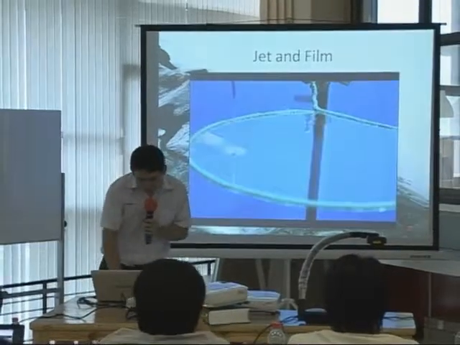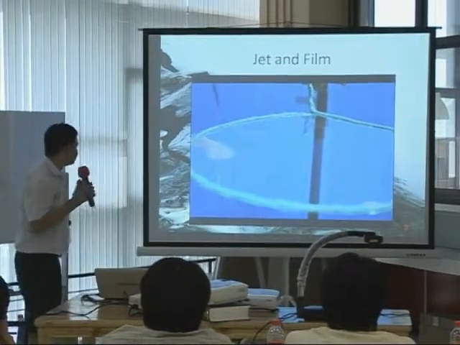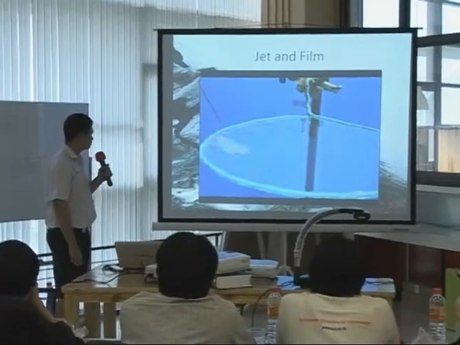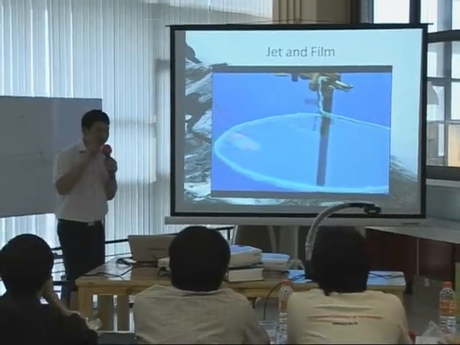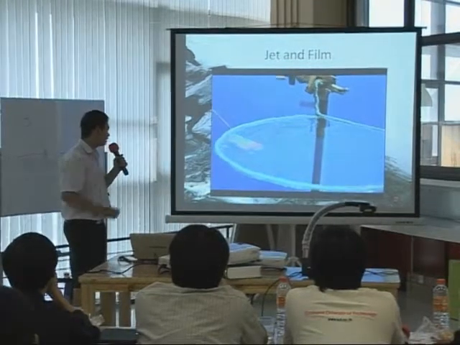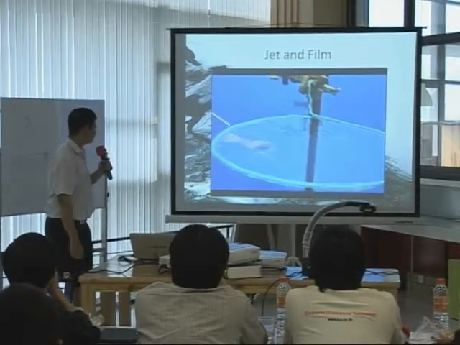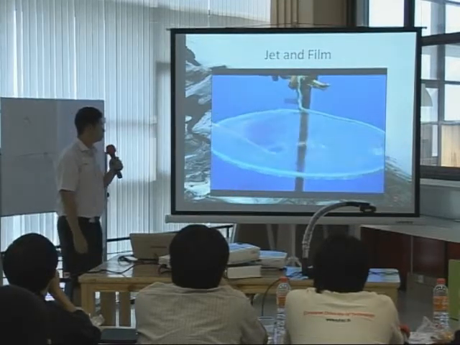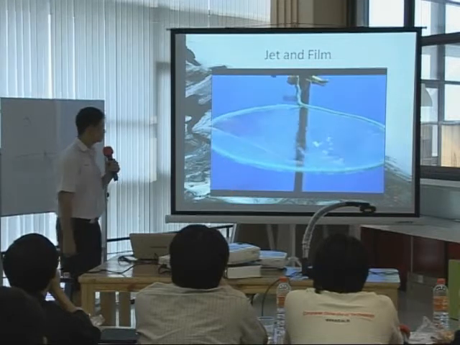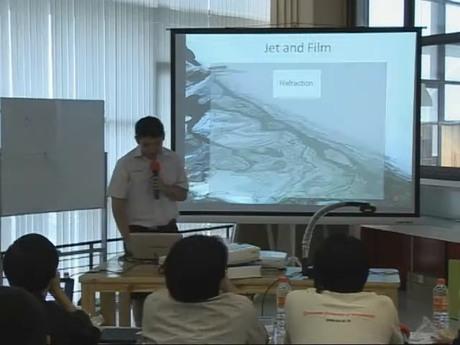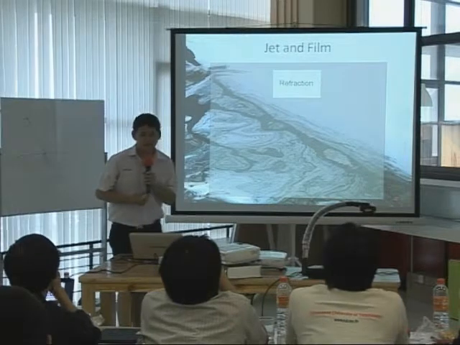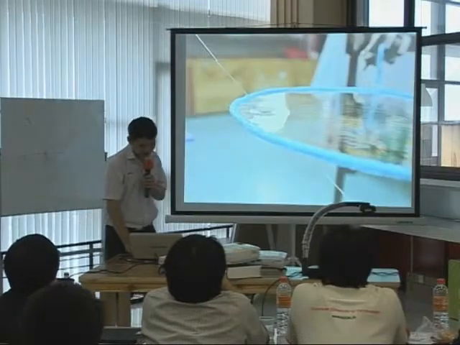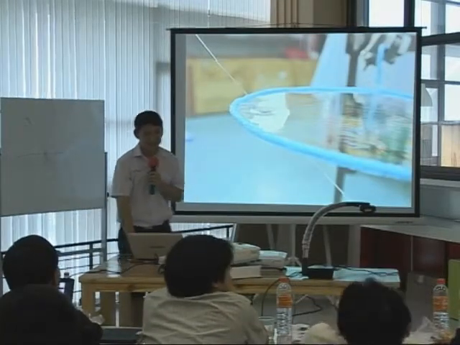Okay, this video will show you the phenomenon when I change the incident angle. As you see from the video, this phenomenon can be separated into 3 steps, the first being refraction.